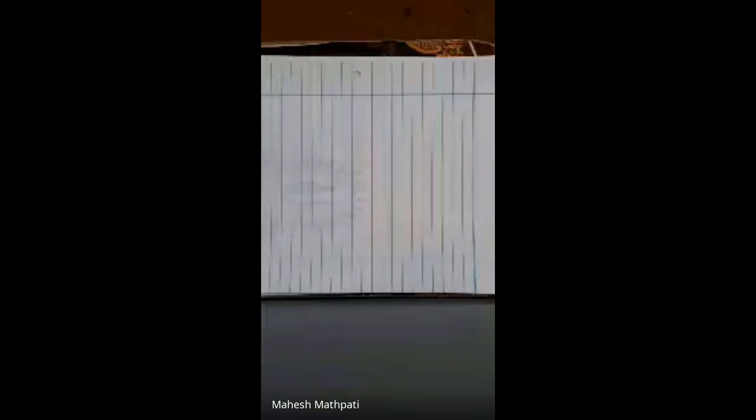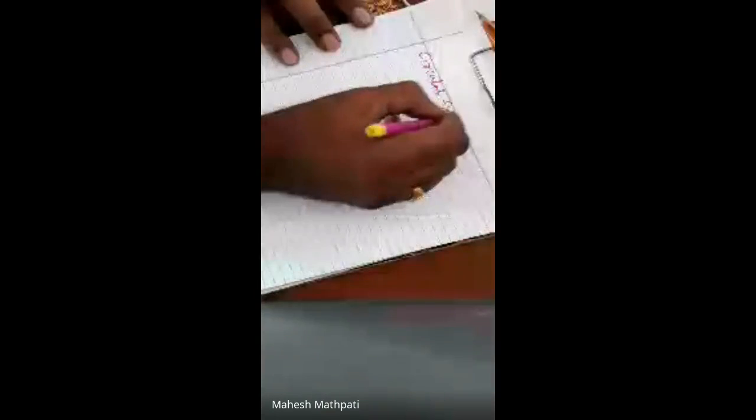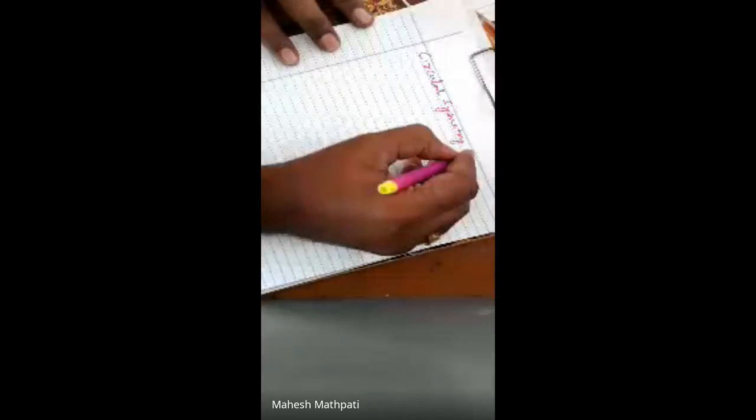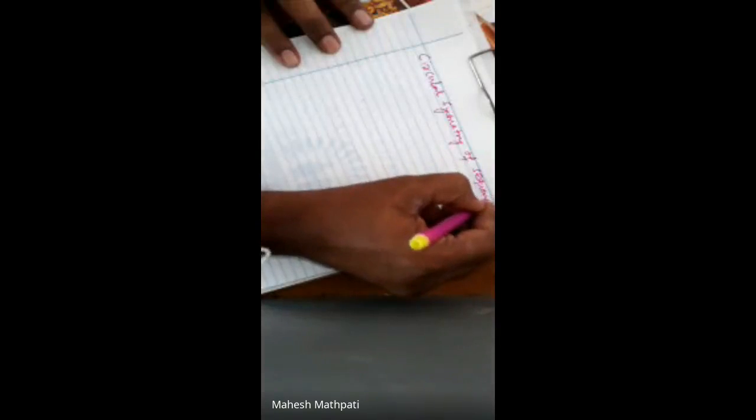Okay. So today we will discuss circular symmetry of a sequence, as we already discussed yesterday. As we have seen already, the other two properties.